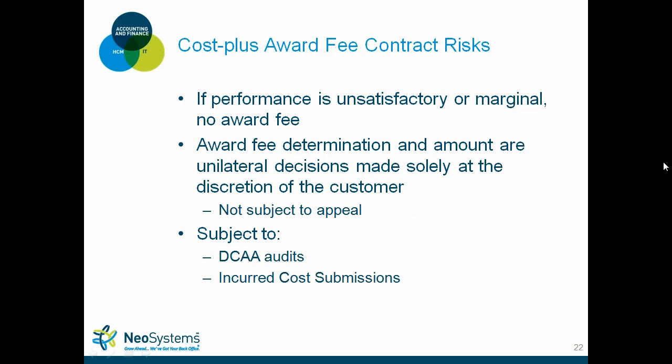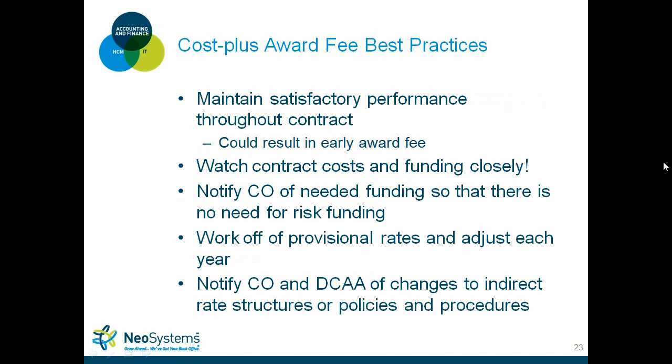And again, the award fee determination is strictly up to your contracting officer. And if they give you 1%, you can't appeal that. And then obviously, with cost plus, any type of cost reimbursable work, you're subject to DCAA audits and incur cost emissions.